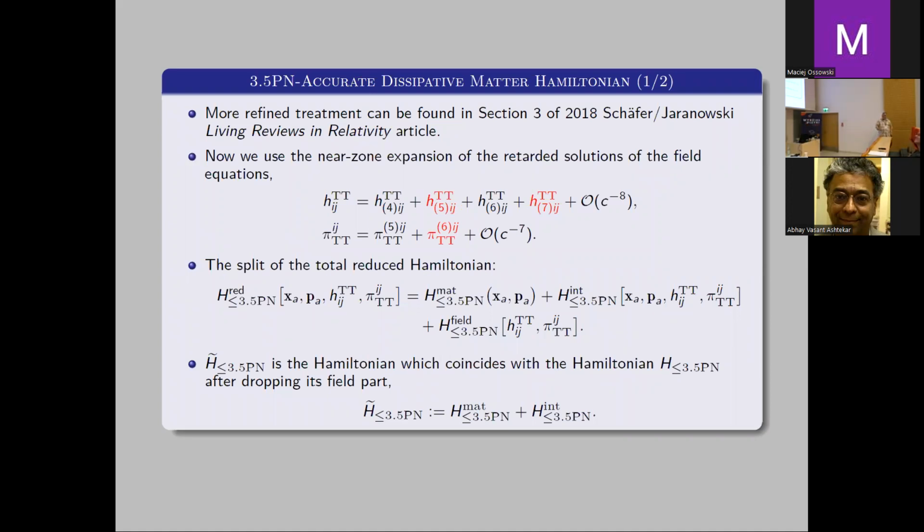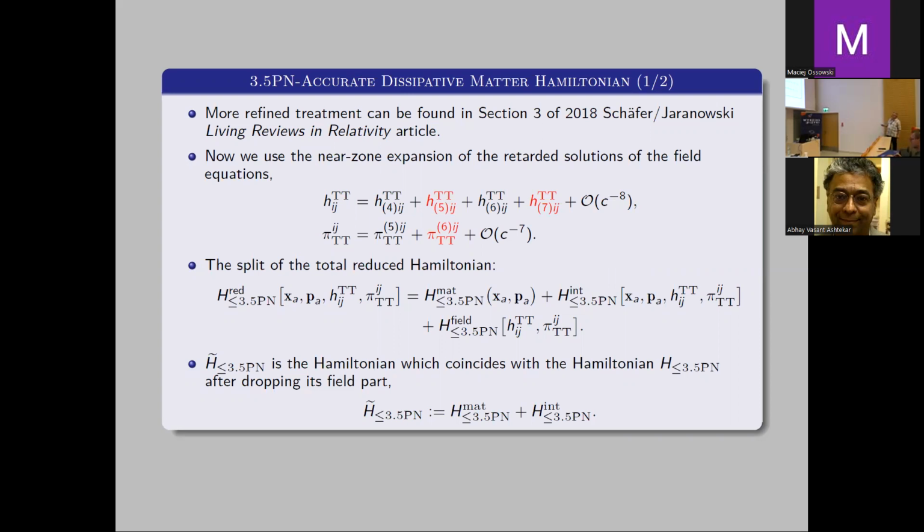So let us start this dissipative stuff. What I will talk about here is quite simplified, but if you would like to have some more refined treatment, it can be found in section 3 of this review article. But finally, this treatment also boils down to what I will explain now.